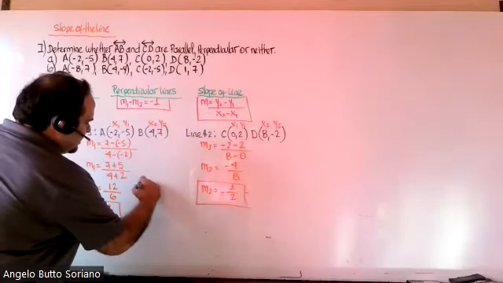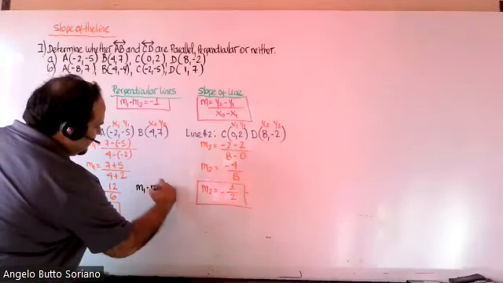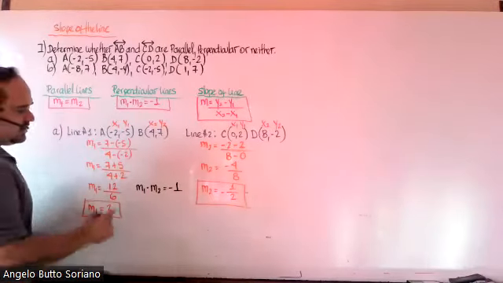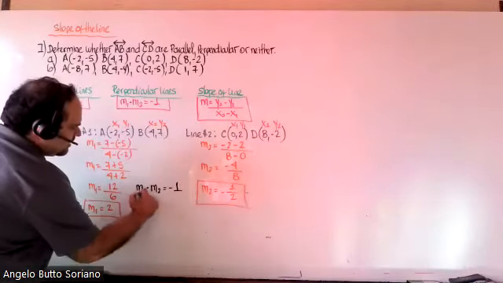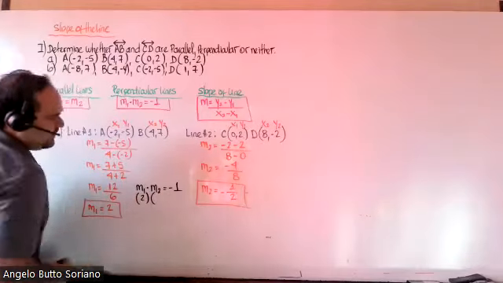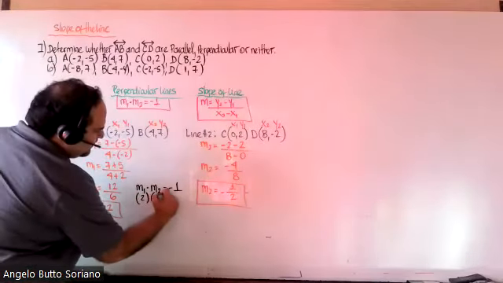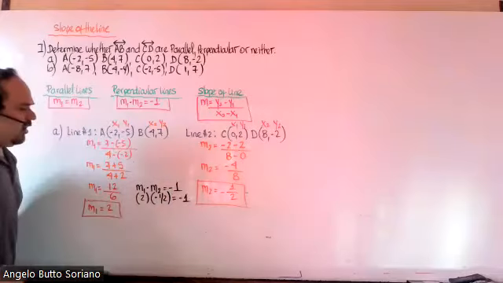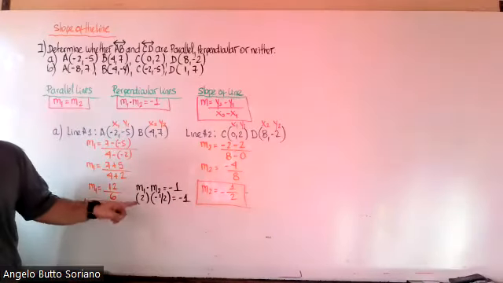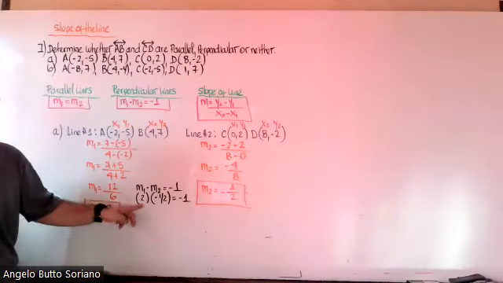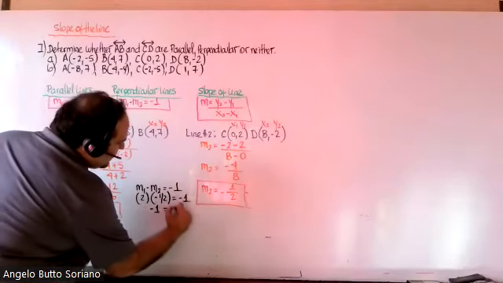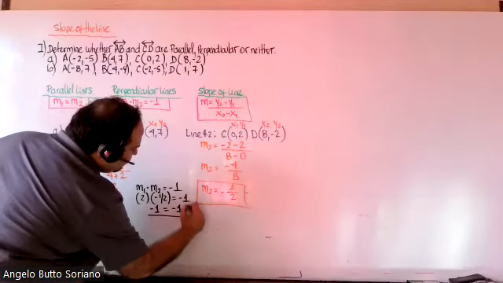Let's do it. M1 times M2 is supposed to be -1. So what is the value of M1? 2 units. The value of M2 will be -1/2. That's supposed to be -1. That's simple. 2 times -1/2 is obviously -1.